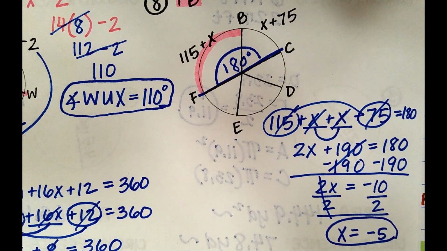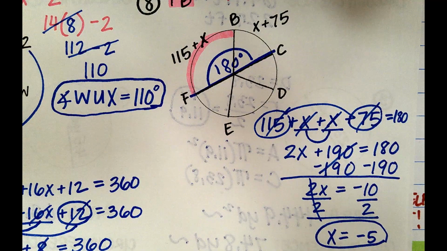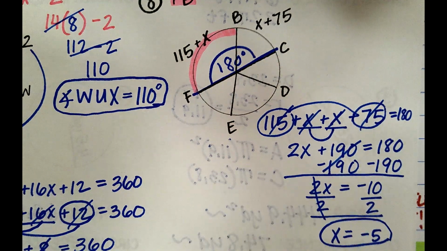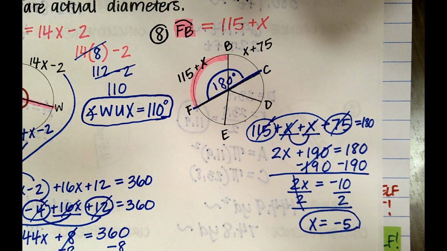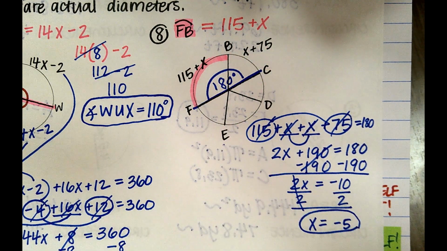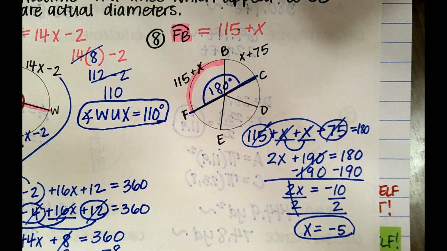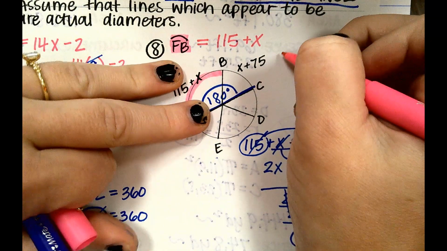So what we did also be 150. Yes, it will be. Whoops, gave you two with the same answer. Oh well. So what we do at the end is the same as number 7. We're going to go back to that value that I gave you, 115 plus x. Instead of x, let's plug in negative 5.